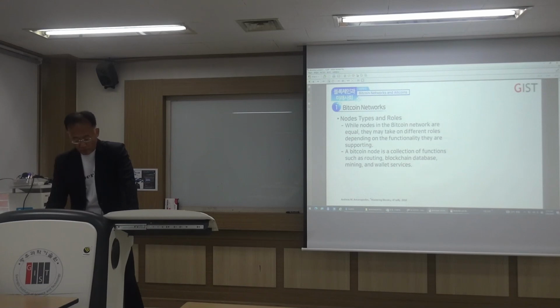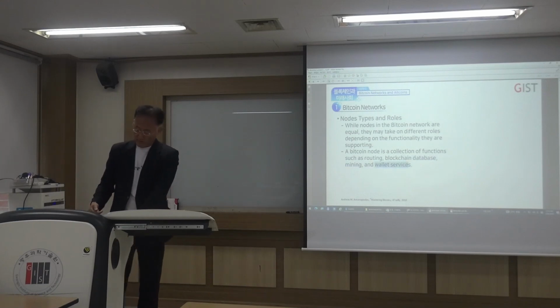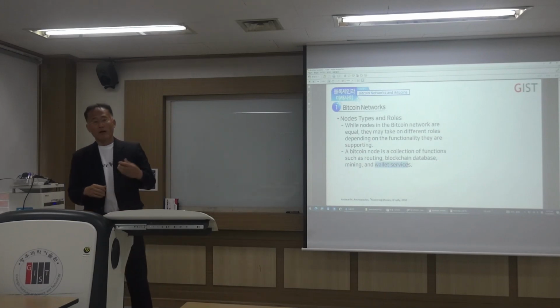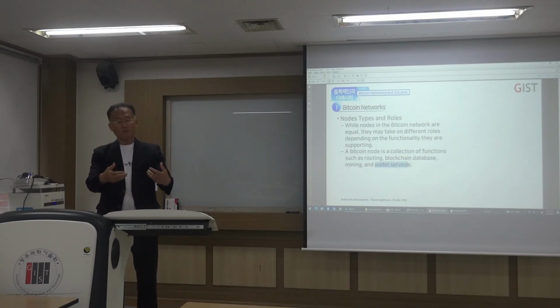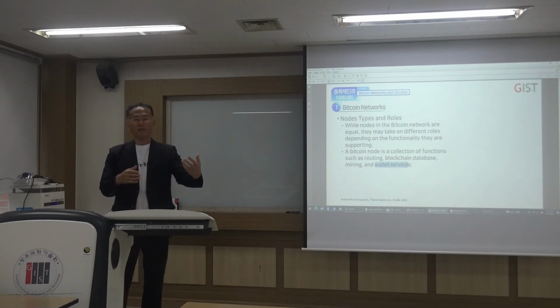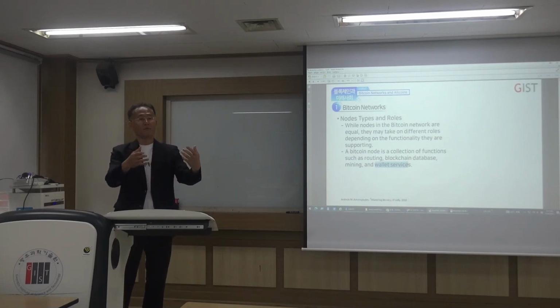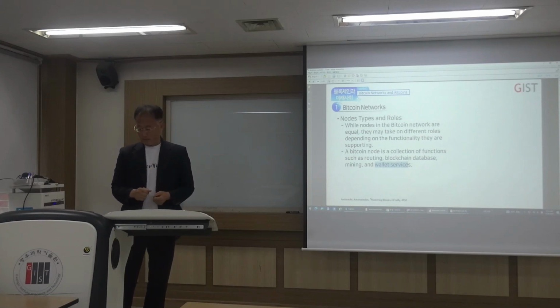And then wallet services. We haven't talked about this yet, but we have studied the private key, public key pairs, and the wallet is basically handling these private and public key pairs.